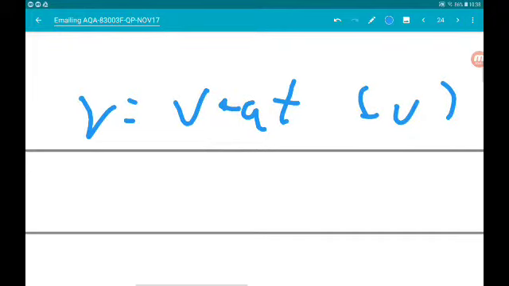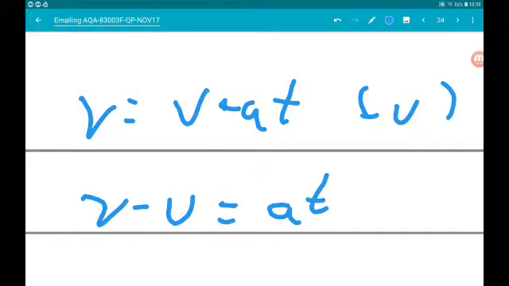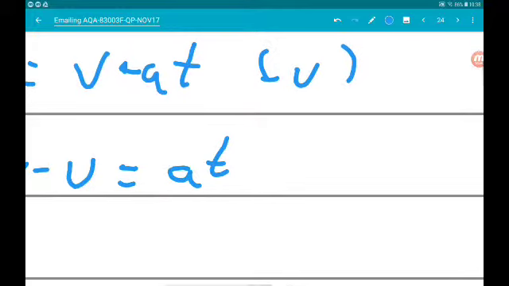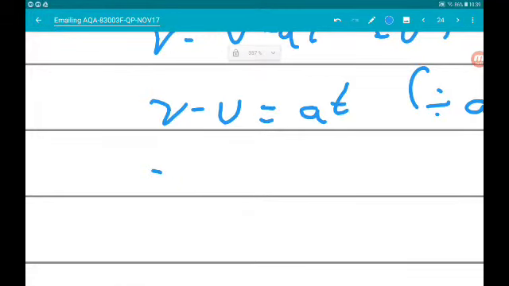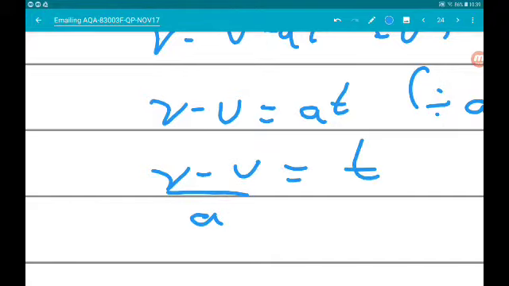So we get v minus u is equal to a t. Now a t means a times t. To cancel out a multiplication, we divide. So we're going to divide by a. So we get v minus u over a is equal to t. Boom.